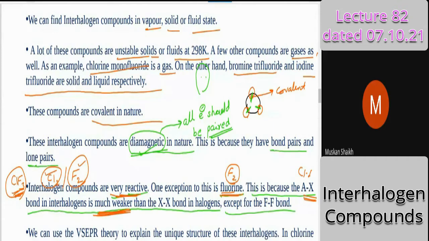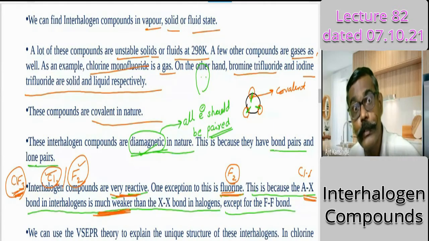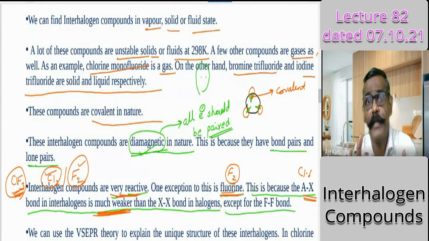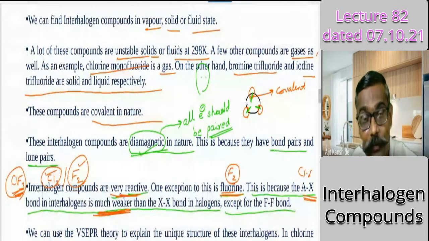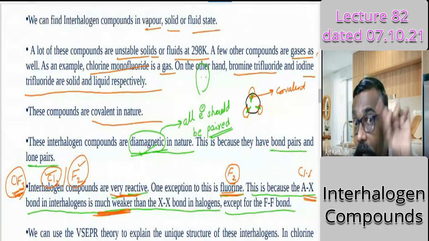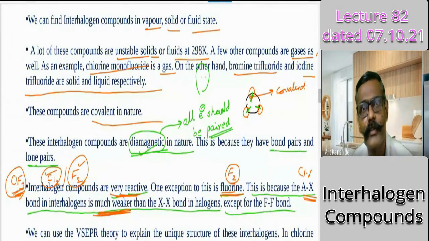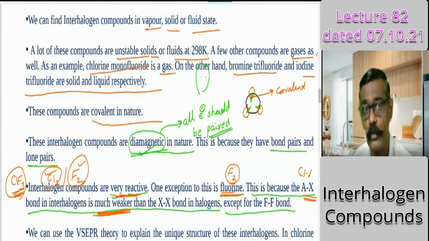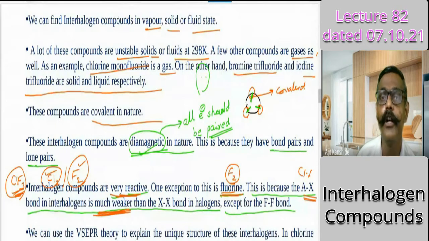Easy to break means the reacting atoms will come out and find other partners, which is an indication of their reactivity. Bonds will break, and other bonds will form. Therefore, they are reactive. Why are interhalogens reactive? Because the bond dissociation energy of an interhalogen compound is less compared to the respective halogen. The exception is fluorine.